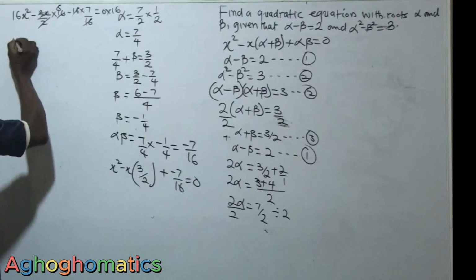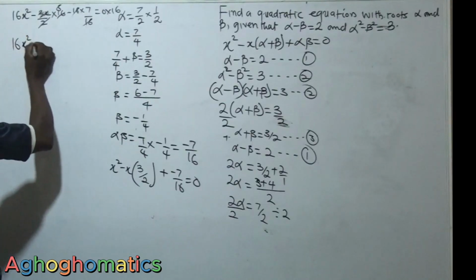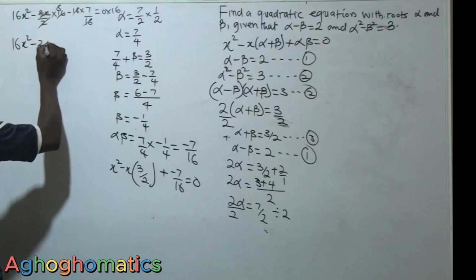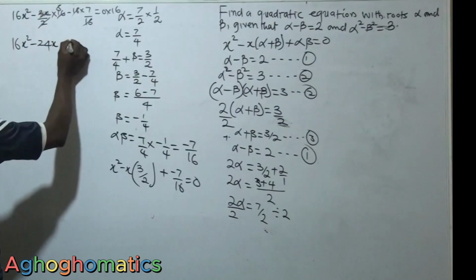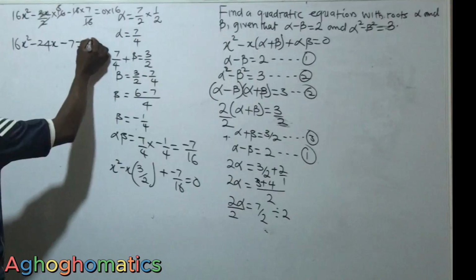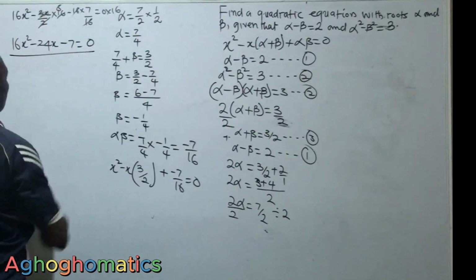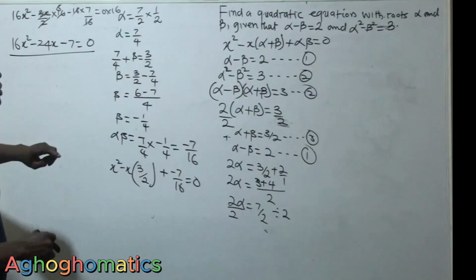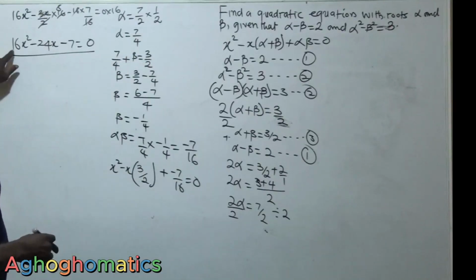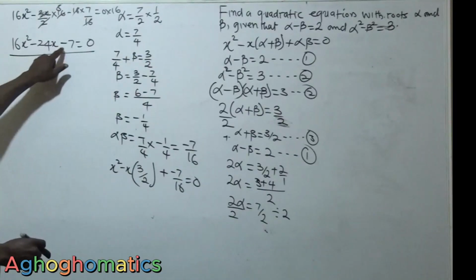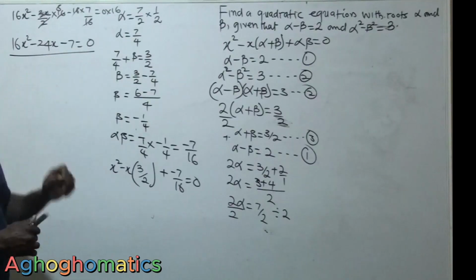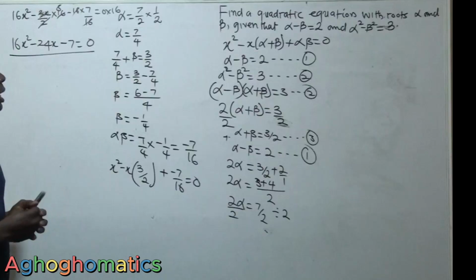So the equation becomes 16x squared minus 3 times 8, which is 24, x minus 7, 0 times 16 is 0. So the quadratic equation associated with the given equations and the roots is 16x squared minus 24x minus 7 is equal to 0. So this is how to carefully resolve these equations.